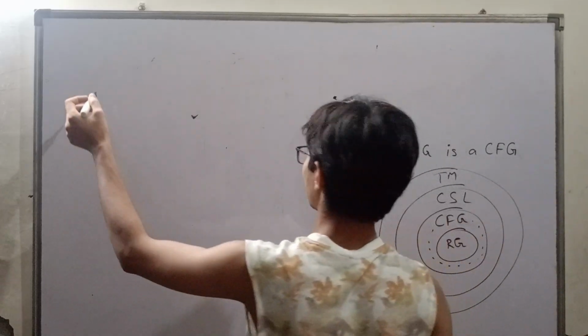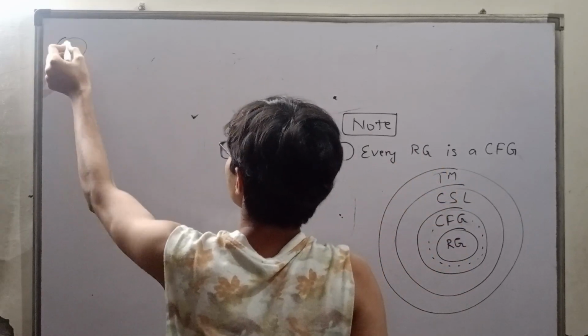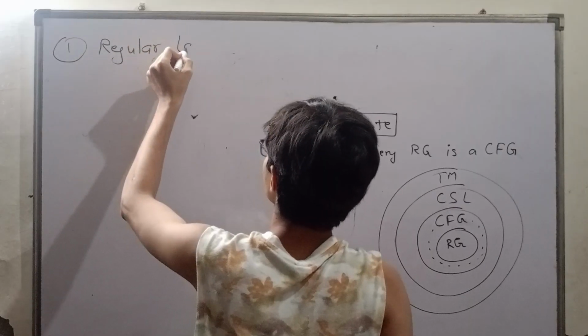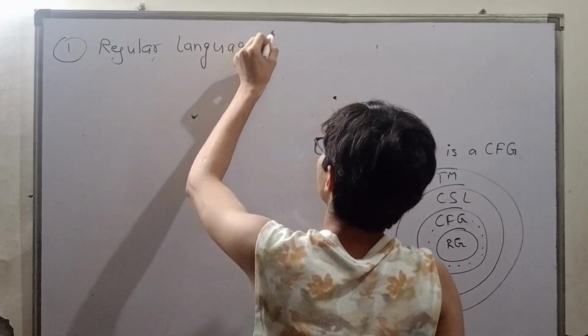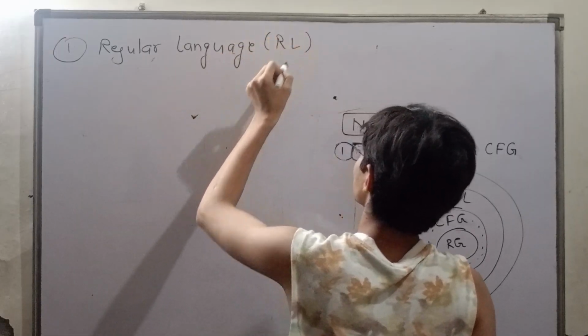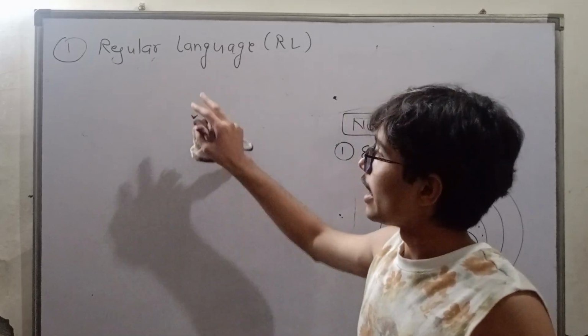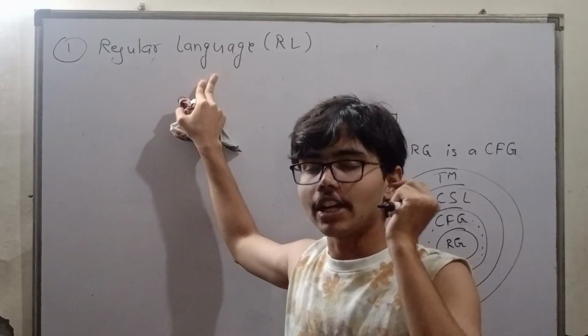So what is a regular language? For a regular grammar, the equivalent regular language can be made. Regular language: any language for which you can make a finite automata.